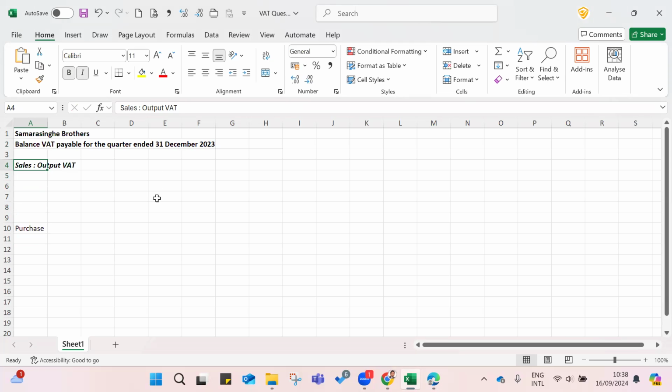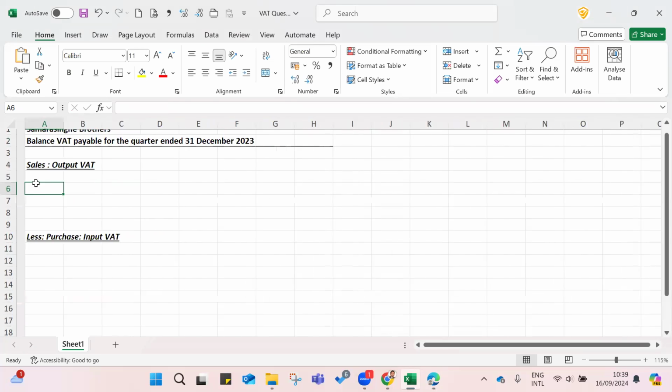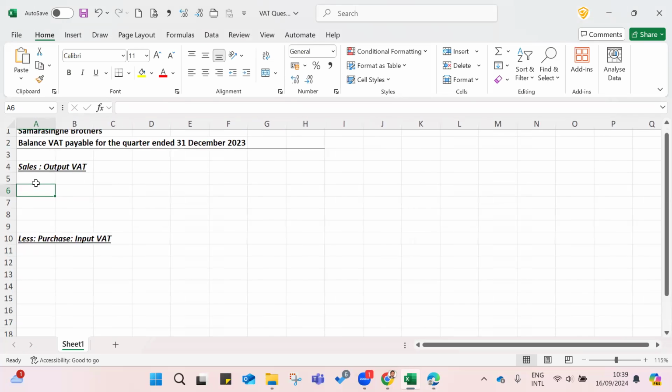When you are doing purchases, I would say input VAT. Always remember, whatever payment you made, you can deduct from your output, right? It's clear. Hope this is visible, right?